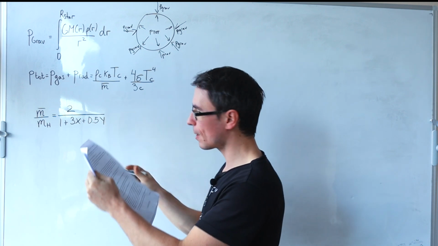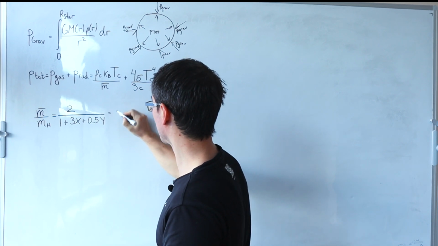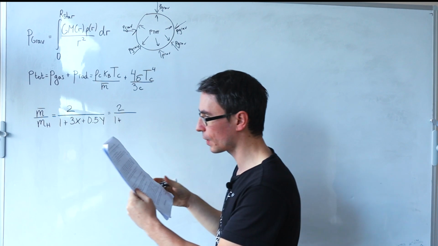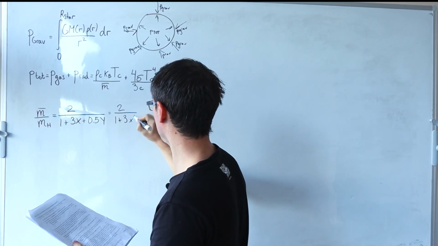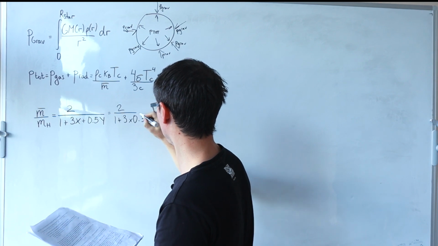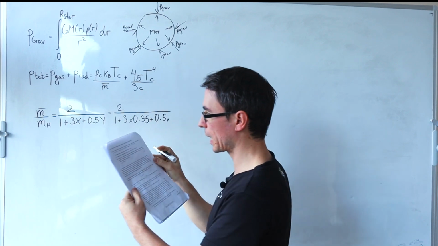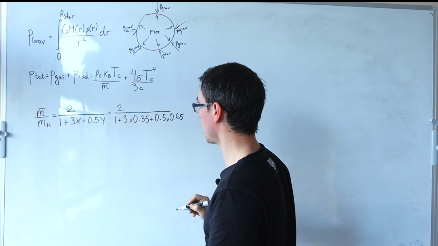Okay, so we can calculate the value of the average mass of the particles by 2 over 1 plus, let's see, we're given that x is equal to 0.35 plus 0.5 times y, which is 0.65.